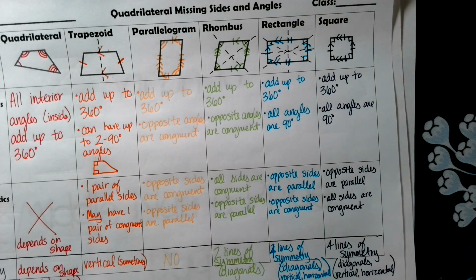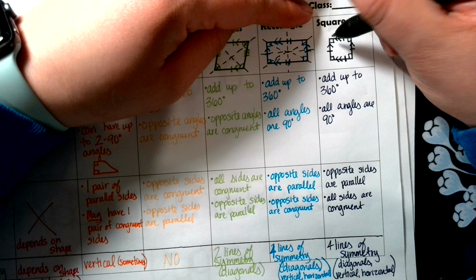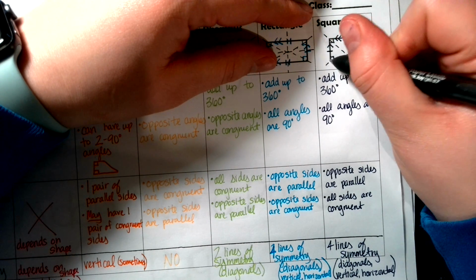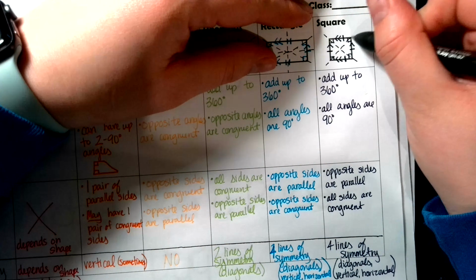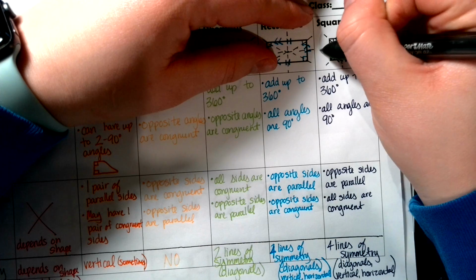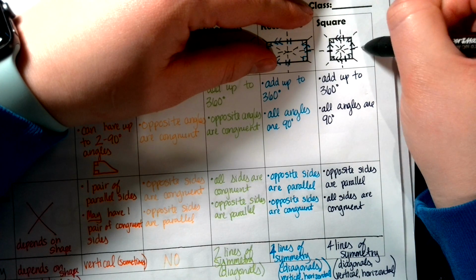So again, diagonals, opposite corners. Vertical is up and down. Horizontal is side to side.